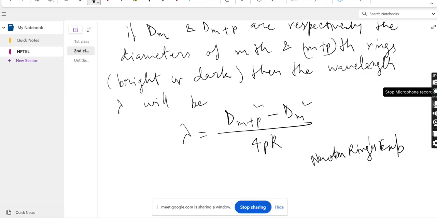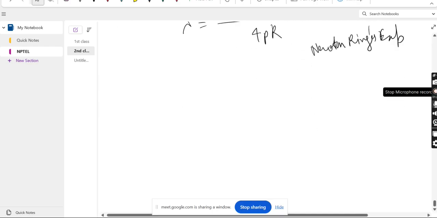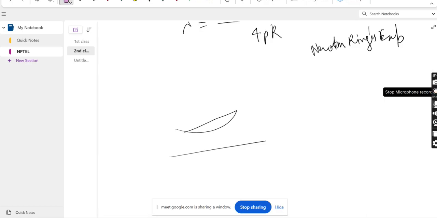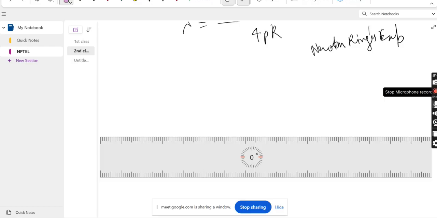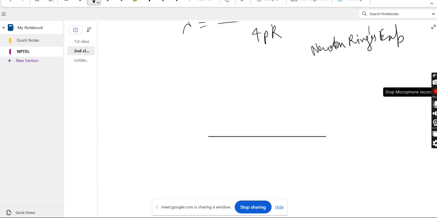So another thing is that if you move the lens from the plate and move it upwards, the central point will not be a dark fringe anymore.